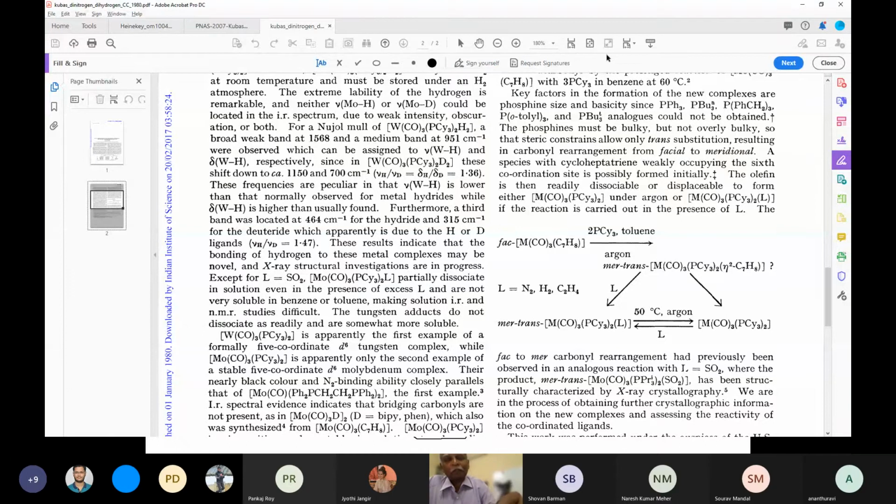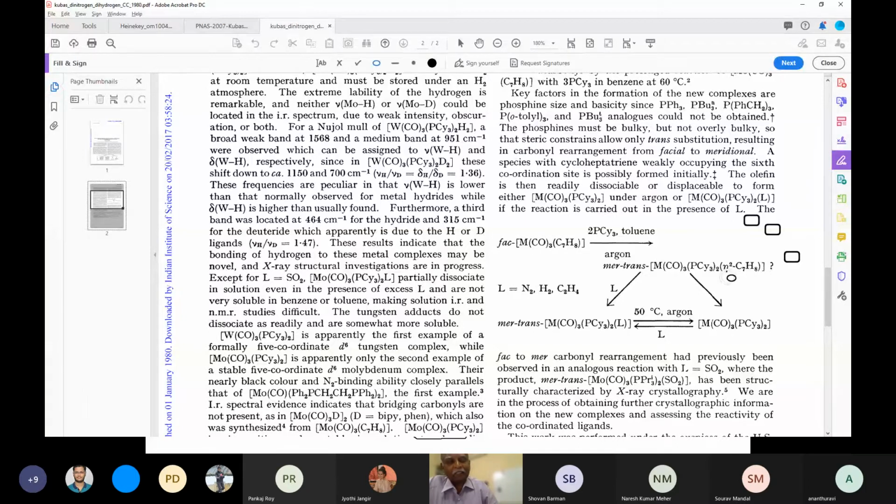But what I am trying to emphasize is that this figure right here is the one that I am talking about, where you have molybdenum attached to 2 ligands, and instead of this cycloheptatriene, which is what is here, cycloheptatriene is eta 2.